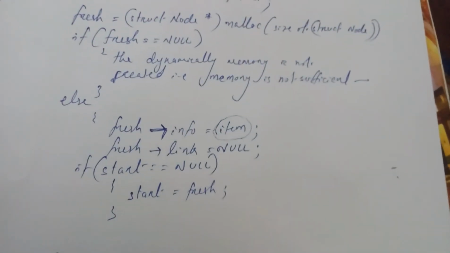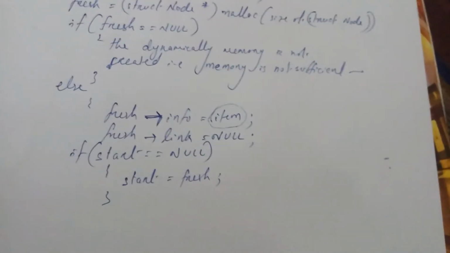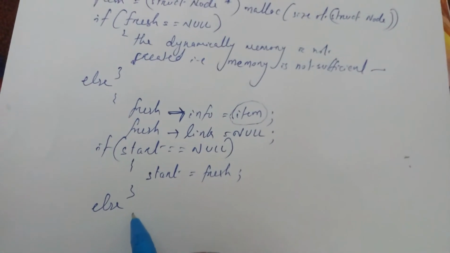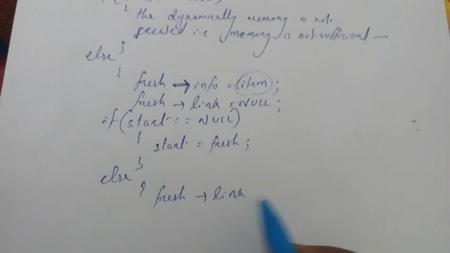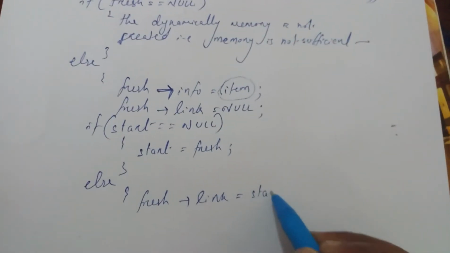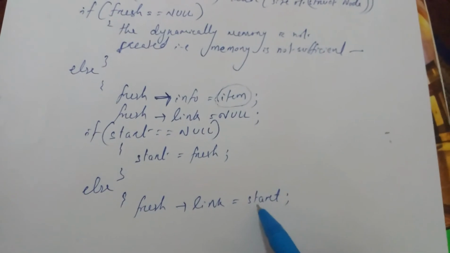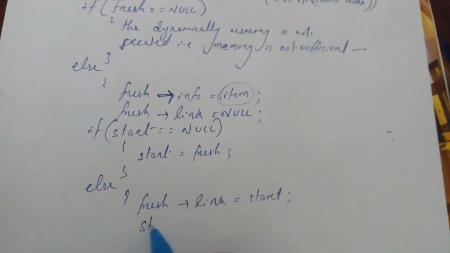If start is not null, that means there is some node in the linked list. So here you have to write phrase link is equal to start. Start initially contains the address of the first node. Now phrase link will contain the address of that node, and start will be changed.